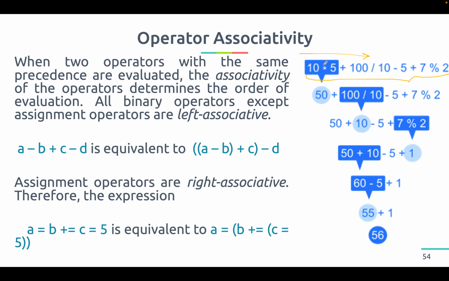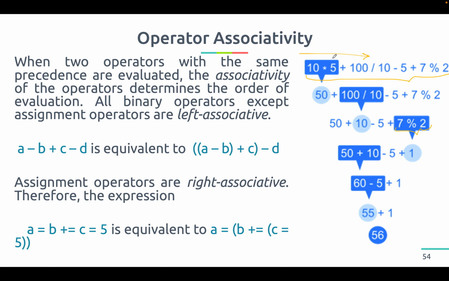We multiply 10 by 50, and then we divide the 100 by 10, and then in another statement we compute 7 mod 2.